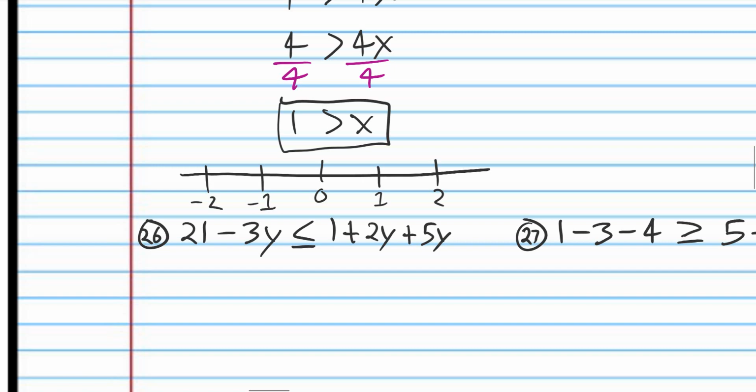Now we're going to put a dot, but the dot is going to be an open dot, so we could put the open dot on the 1 because we have a 1 here. And the reason we're going to put an open dot is because x cannot be 1. It has to be less than 1, so we're putting an open dot. So this is where it gets a little confusing for students.